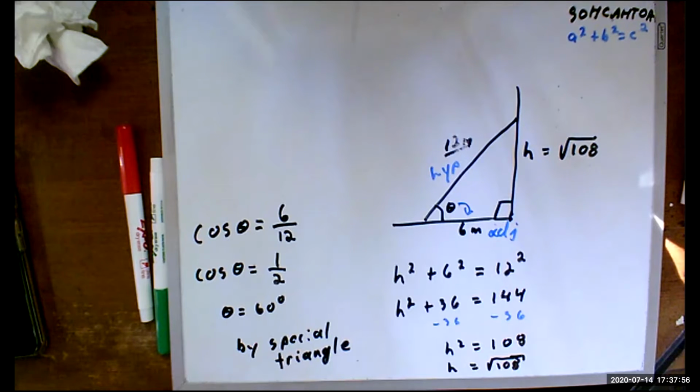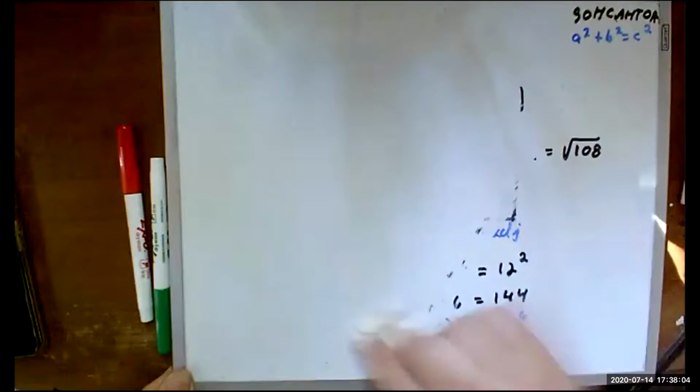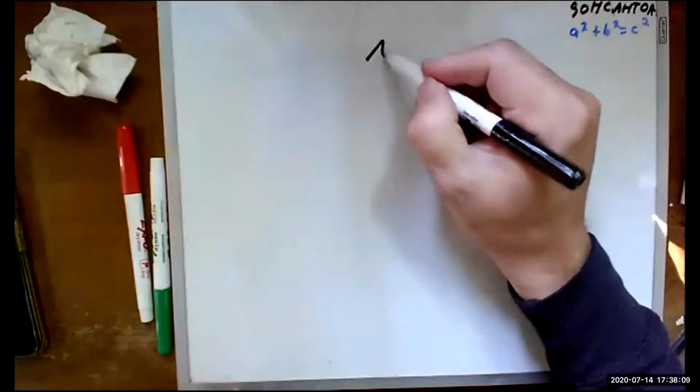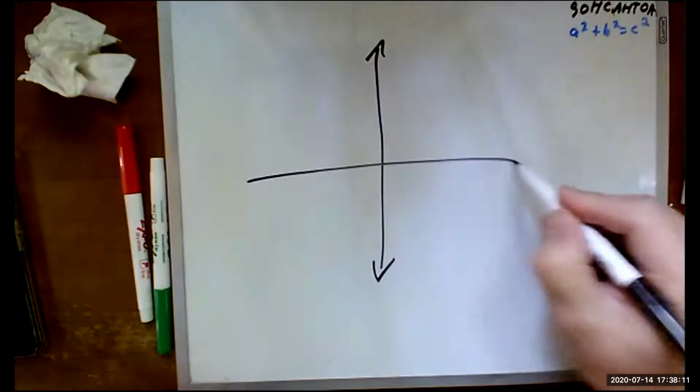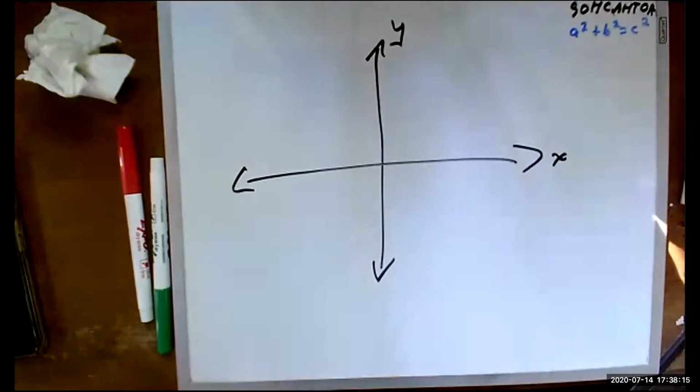Let's take a look at using this same sort of thing, but we're going to look at it back where we started, where we're back on the plane. So, x, y.